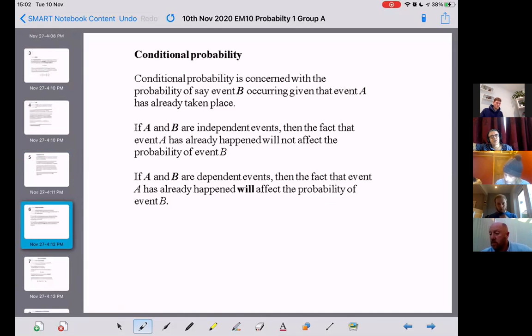Okay, now we move on to conditional probability. It's concerned with the probability of, say, event B occurring, given that event A has already taken place.